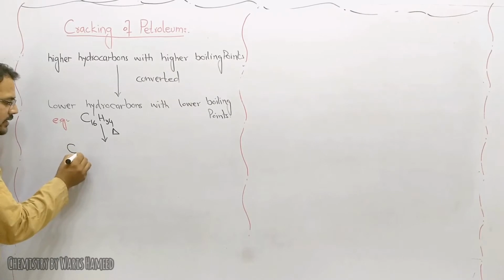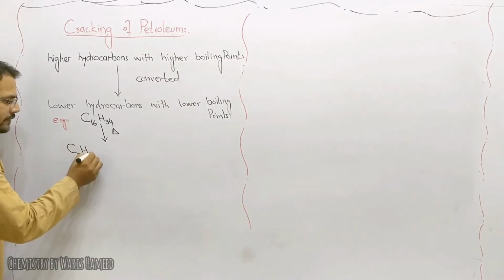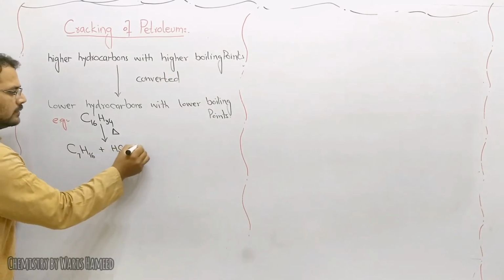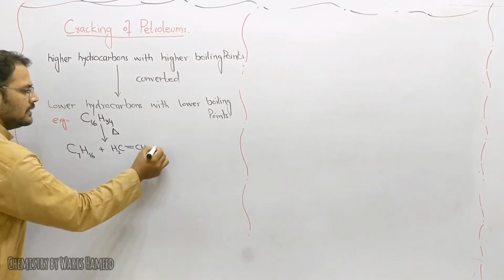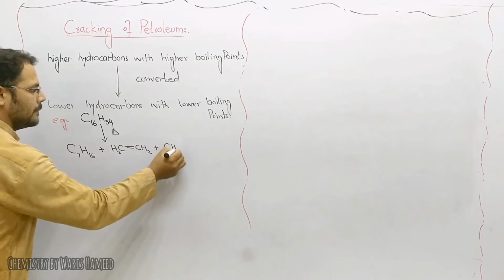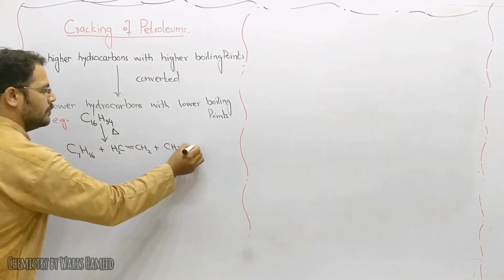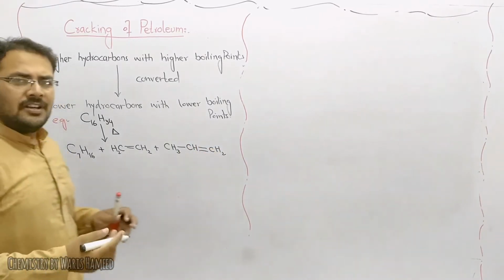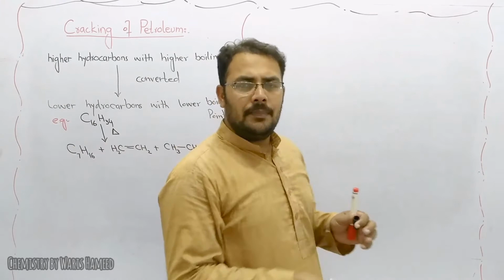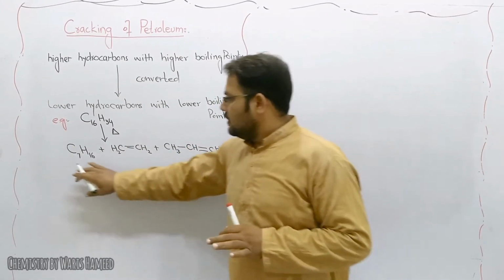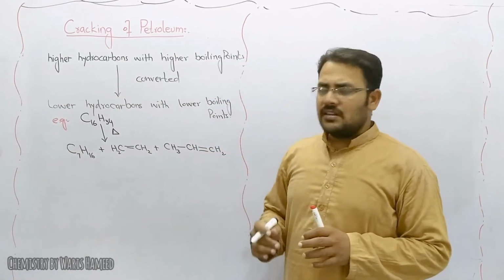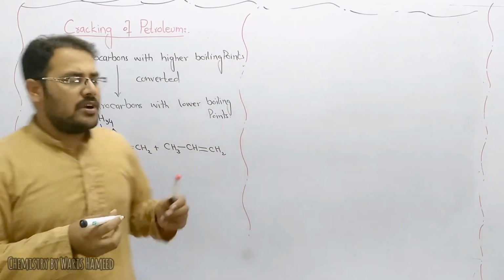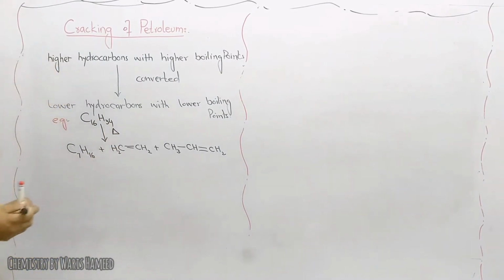First heptane, second alkene, and third is propene. The products may vary according to the applied conditions. So these are the possible products which come from the cracking of petroleum, from hexadecane.